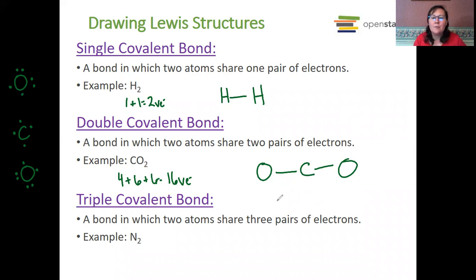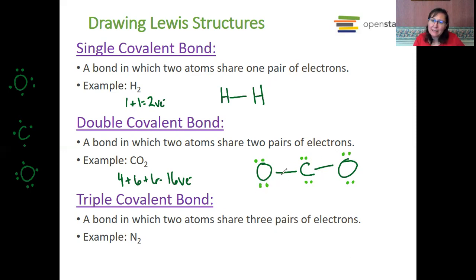First we say 2, 4, 6, 8, 10, and 12. Then 2, 4, 6, 8, 10, 12, 14, and 16. There we go. Now I have all of my electrons accounted for.